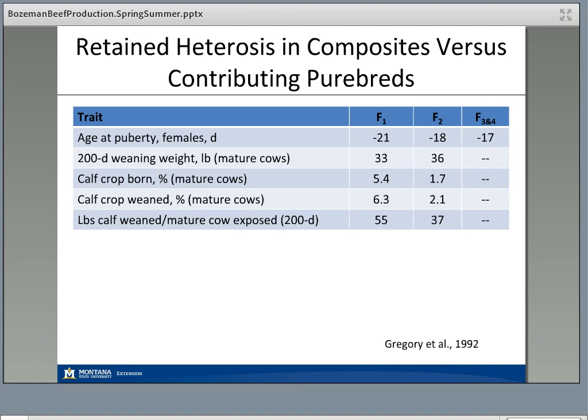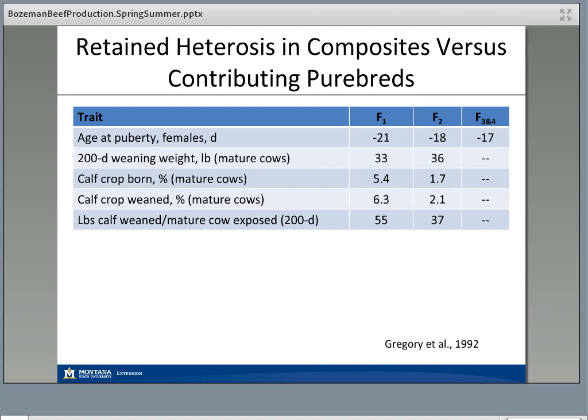Here's some data looking at composites and how much heterosis was retained. We have the F1 generation, the first cross, the F2 generation, and then F3 and 4. You can see we got the biggest bang for our buck in age at puberty in crossbred females in the F1 generation, but we retained quite a bit of that in the F2 and the F3 and 4 generations.